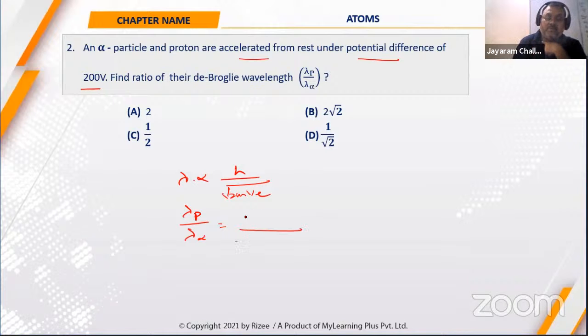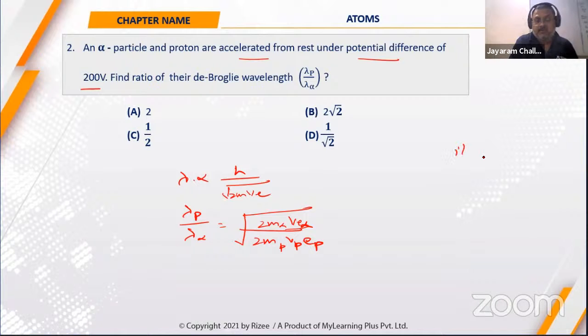So that will be the under root of 2m of alpha into potential into charge of alpha by 2m of the proton into potential into charge of the proton. So what is an alpha charge and the proton charge? If the charge e of the proton is equal to 1, then e of alpha is equal to 2 times the charge, whereas the mass will be 4 times. So like that you can substitute, and the potential will be the same.